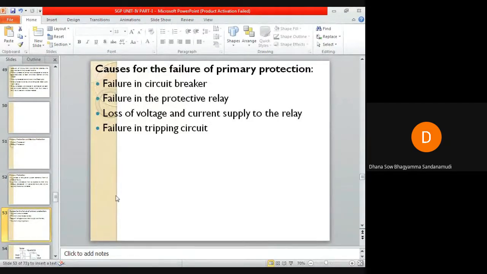Now I have told you about primary protection failing to operate.